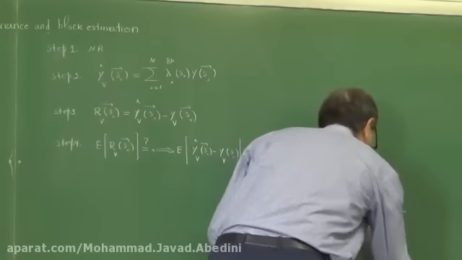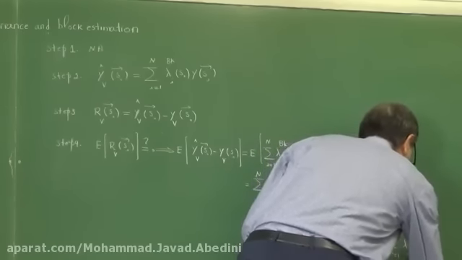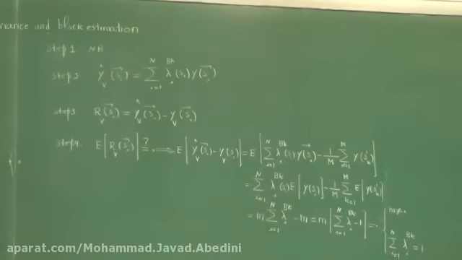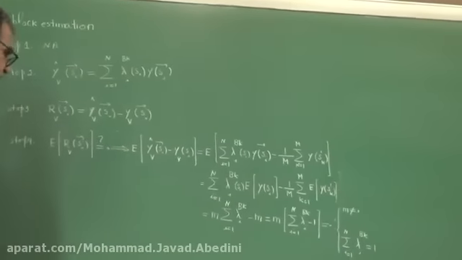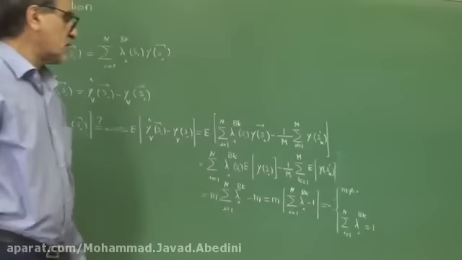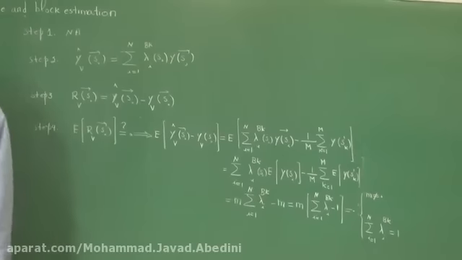Please pay attention. These are lambda bk. Therefore, the final output emerging from step 4 is to have this relationship between coefficients in order to honor the unbiasedness condition.